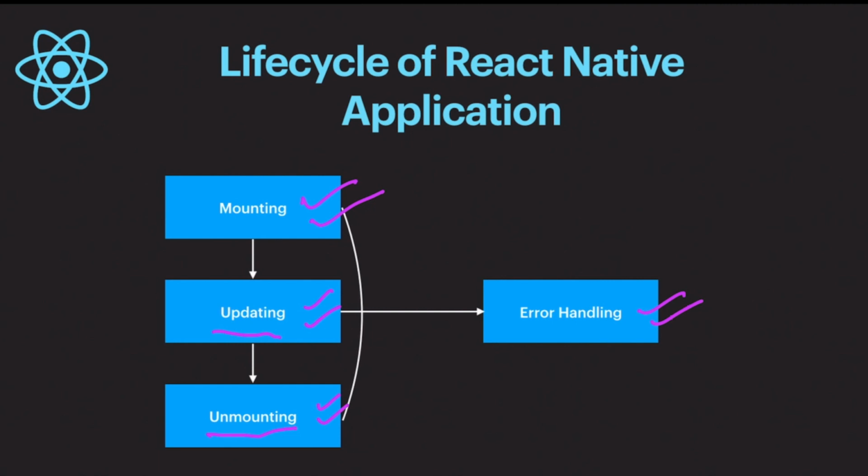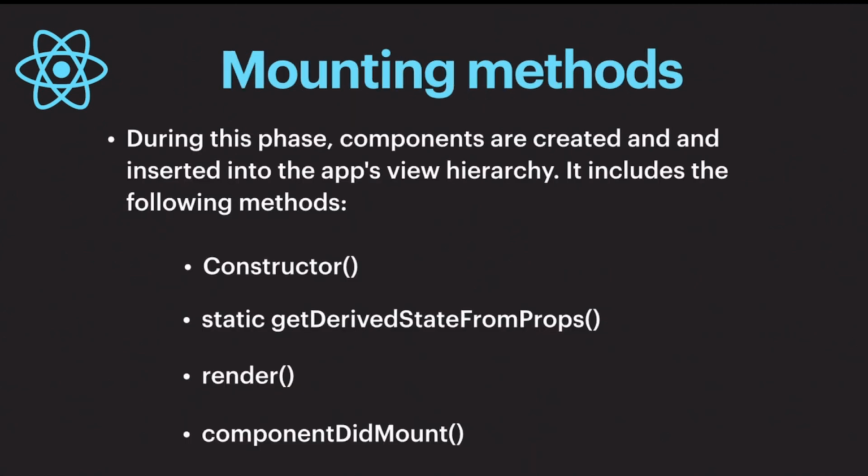All phases have a few methods to handle the activities of mounting, updating, unmounting and error handling. In this lecture we will describe all the methods we use in the mounting phase, and the updating, unmounting and error handling methods we will describe in the next videos. So these are the mounting methods, and we will discuss only these in this lecture.